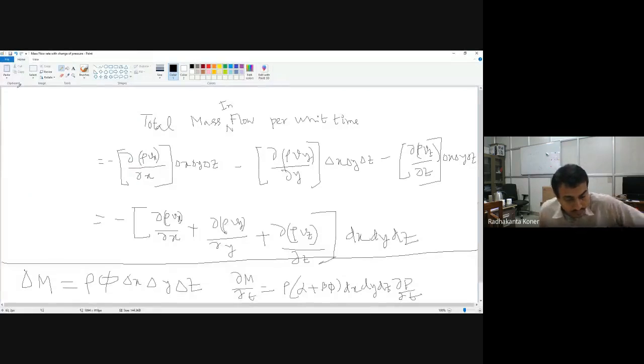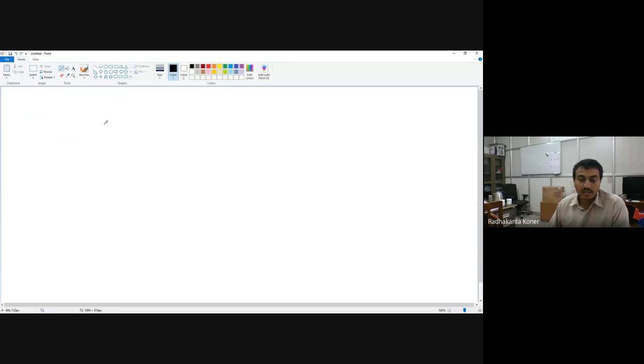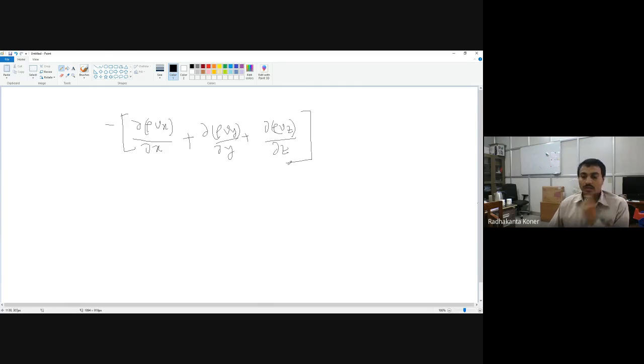Then the mass flow amount is basically minus the earlier one: del x, del x plus del y plus del z, x y z.